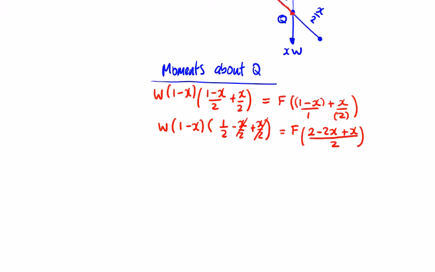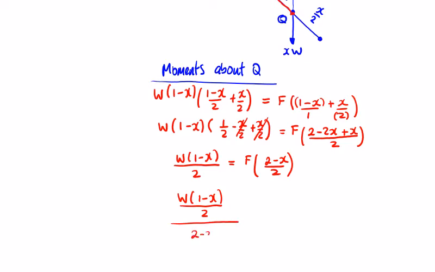So tidy this up, we get W times 1 minus x times a half, or just over 2, equals F times 2 minus 2x plus x over 2, so 2 minus x over 2. So to get F on its own, we're going to divide W times 1 minus x over 2 by 2 minus x over 2, which we'll have to turn upside down and multiply.